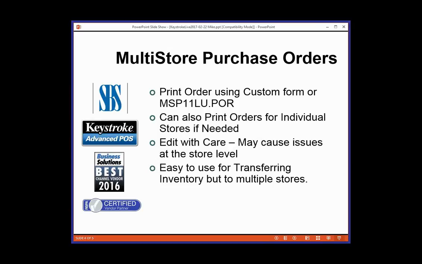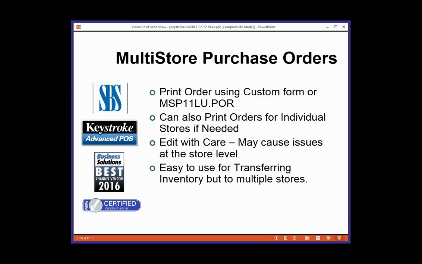There are some notes we wanted to bring out: you should edit these multi-store purchase orders with care. Meaning, if store 2 just received 30 and you went in and changed the order from 30 to 40 or 50, then it would actually back order that item on that same order number. So it would look like I've ordered 50, I've received 30.